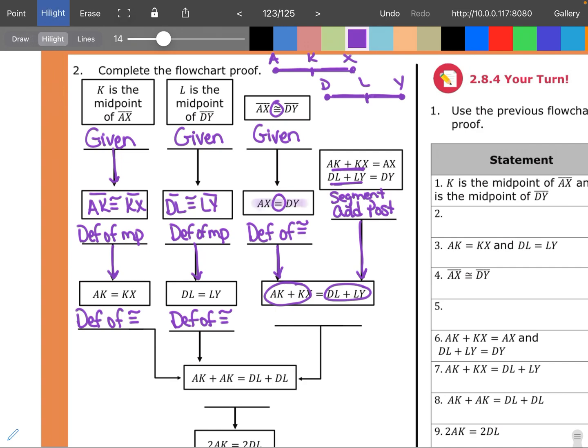AX is equal to this, DY is equal to this. So I replaced this AX right here with this. I replaced this DY with this. When we're replacing, what property is that? Substitution.